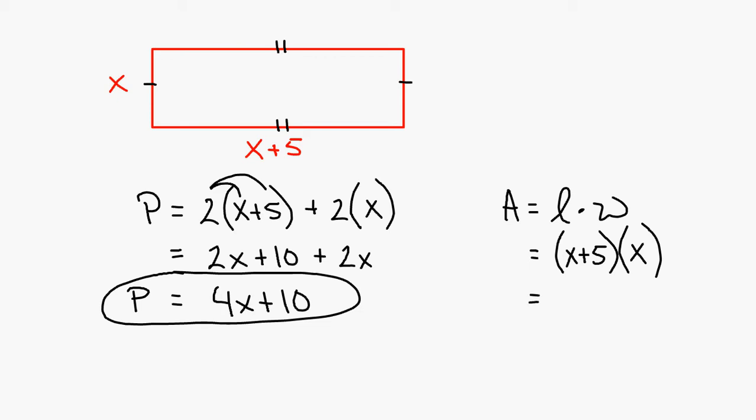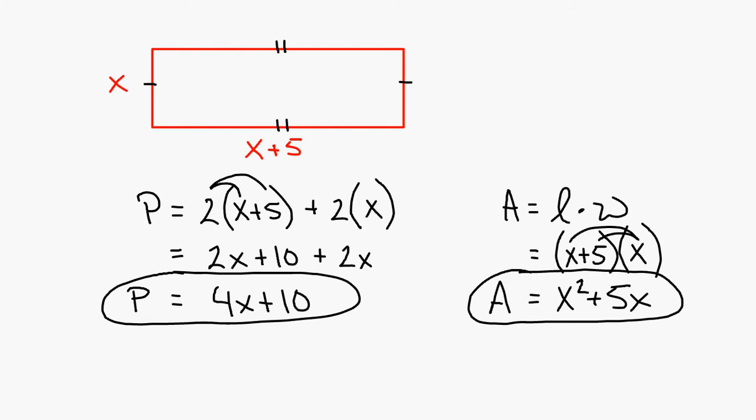So you can take x and multiply it by x, and you get x squared, plus take 5 and multiply it by x, and you get 5x. So the area of that rectangle would be x squared plus 5x. Any questions? It's just review, isn't it?